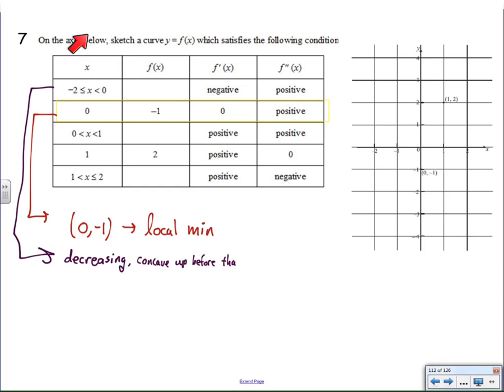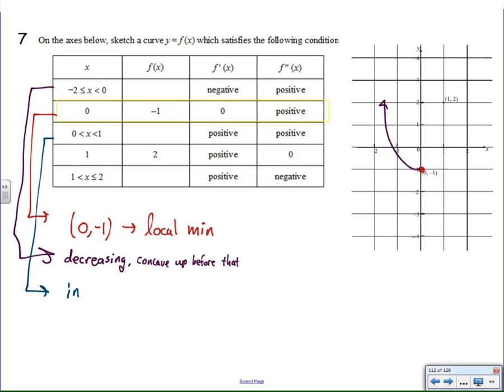Above that information, I saw that when x is from -2 to 0, which is, again, where 0 is going to be our local minimum, the function is decreasing, but concave up. So on my graph, I know there's a stationary point here, and then the function decreases, but at a decreasing rate. Or it's going slower, concave up.